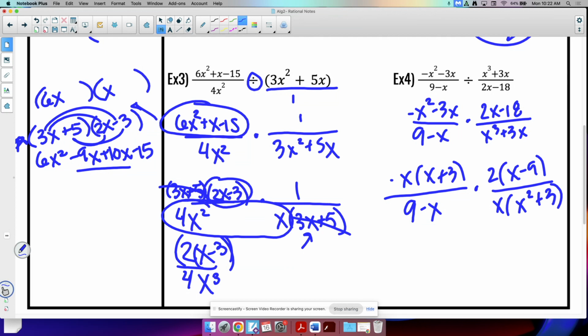What are some things that cancel? X and x. What's something that looks really close to canceling? Yep, x minus 9 and 9 minus x. From Friday, do you guys remember if they are backwards of each other with a minus sign, they do cancel, but instead of leaving a 1 behind, what are those going to leave behind?